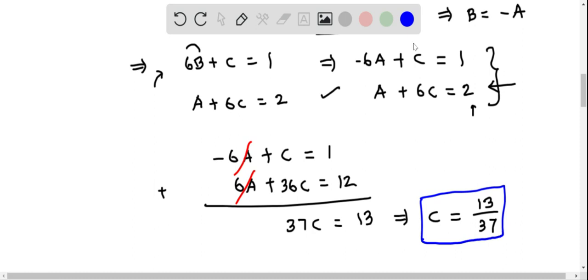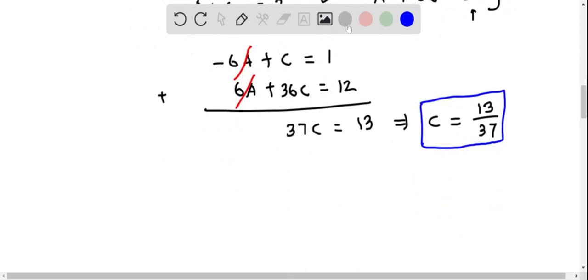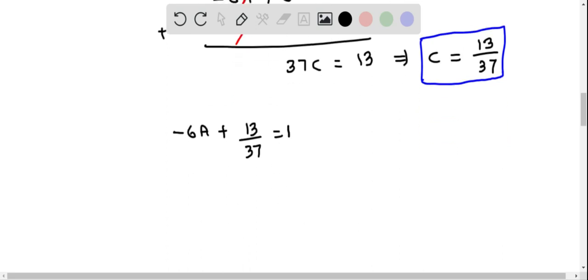Now we can do the back substitution of this value of c into one of the equations. I'm going to substitute into this equation, that is negative 6a plus c equals 1. So I'm going to replace c by 13 over 37, and this equals 1. So we have to subtract 13 over 37 from both sides. So we get negative 6a equals 1 minus 13 over 37.